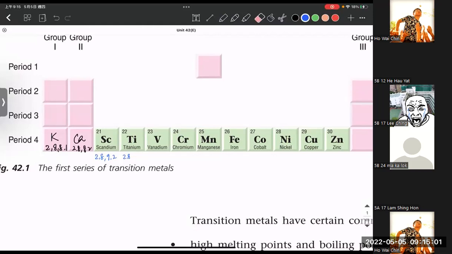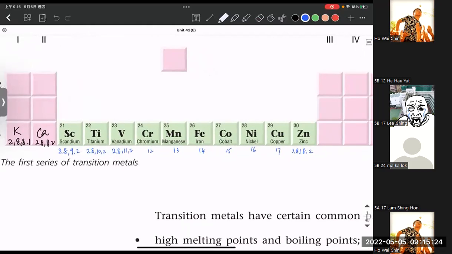So we write it as 2, 8, 10, 2. Do you understand? So you are going to fill in here 12, 13, 14, 15, 16, 17, and 18. So we have got 2, 8, 18, 2 for zinc.